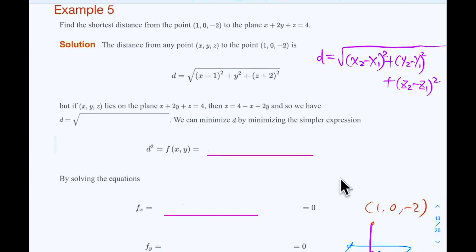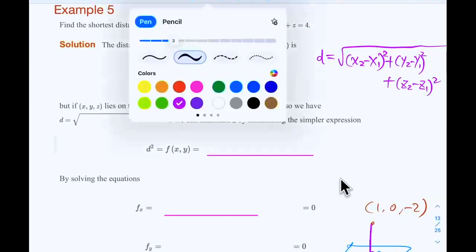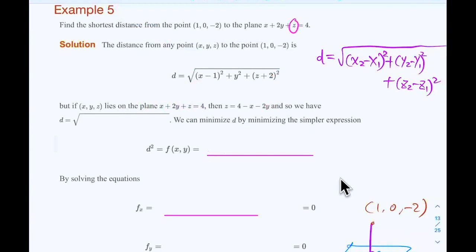Now this one has 3 variables, x, y, z. We can actually eliminate one of the variables, let's say z, because x, y, z satisfy the plane equation. From here, z is equal to 4 minus x minus 2y.